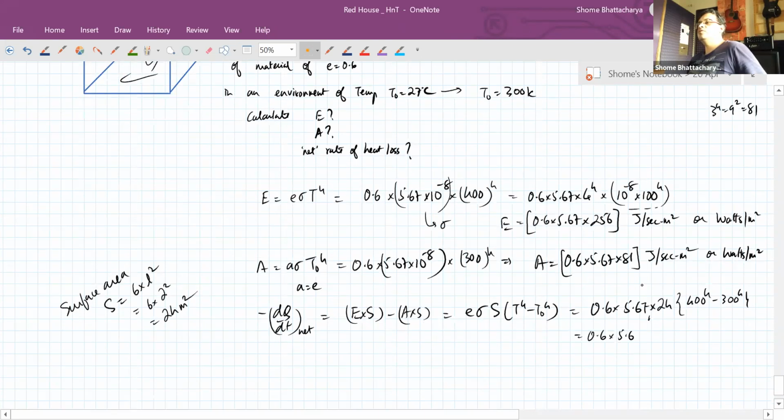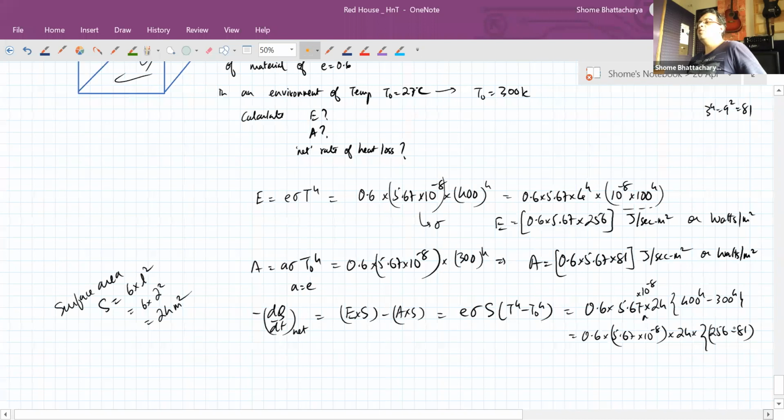Sorry, there's a factor of 10 raised to power minus 8 here also. Stefan's constant. Now this we can write as 256 minus 81, taking 100 to the power 4 common.